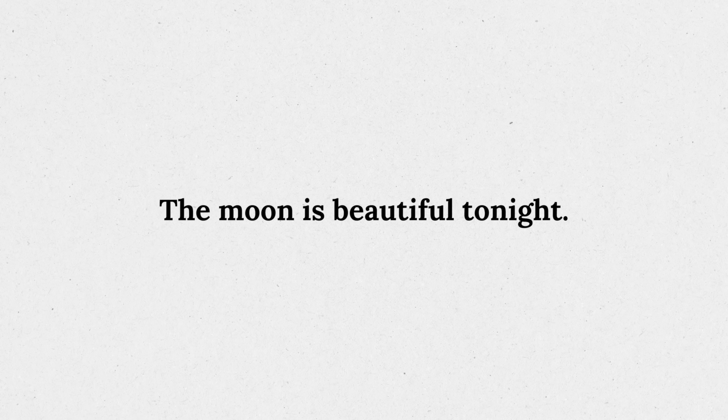For example, if I say, "The moon is beautiful tonight," that makes perfect sense because we all share the knowledge of the specific moon that is in our sky. But if I say, "The restaurant is fantastic," then we must also share the knowledge of a specific restaurant.